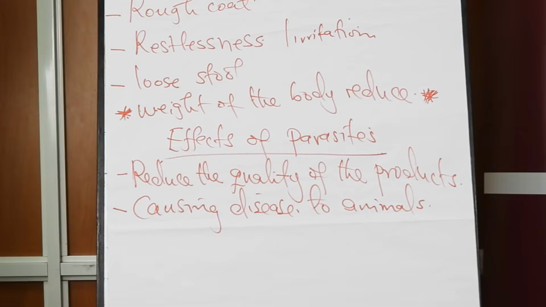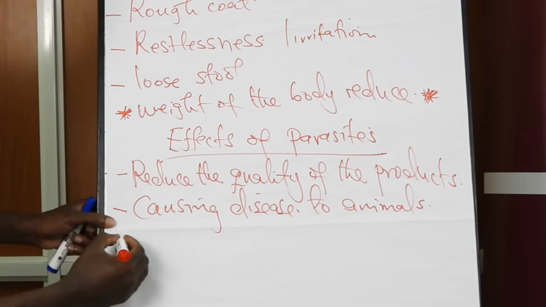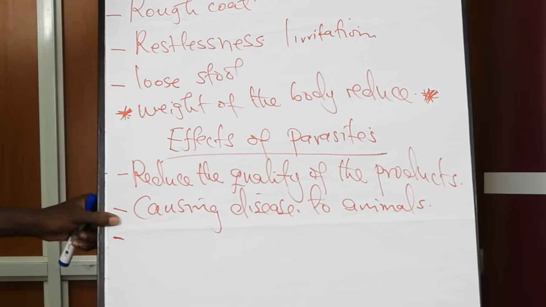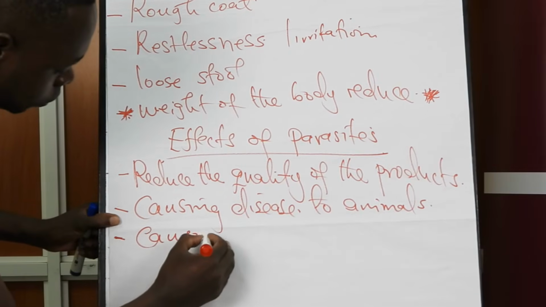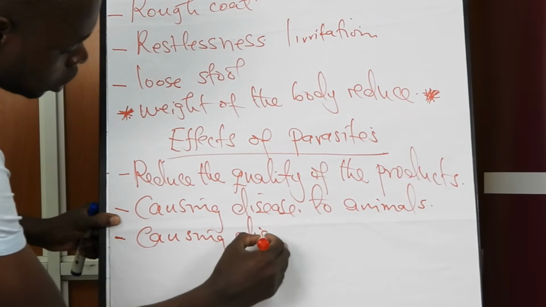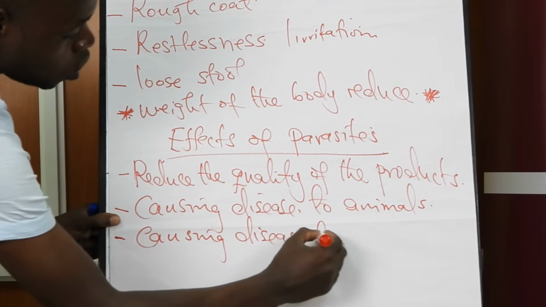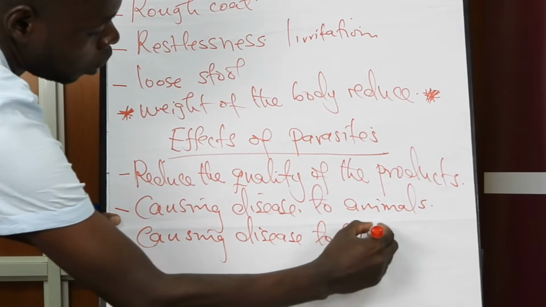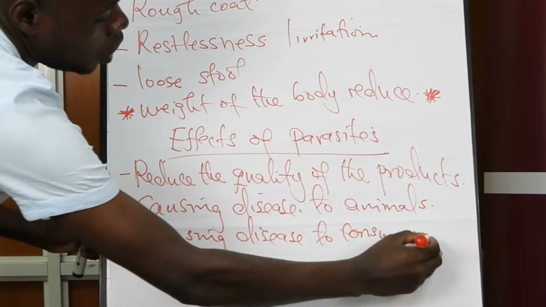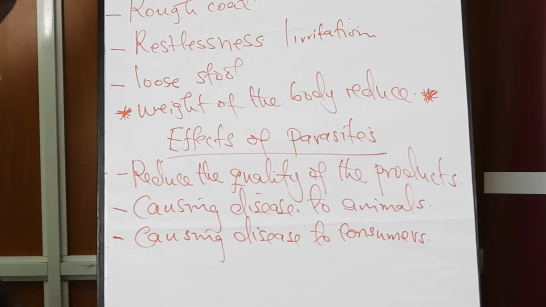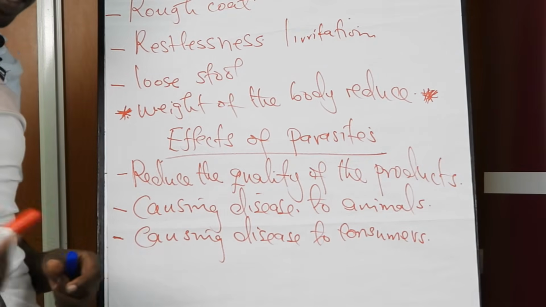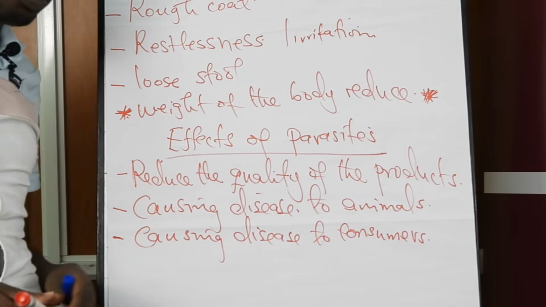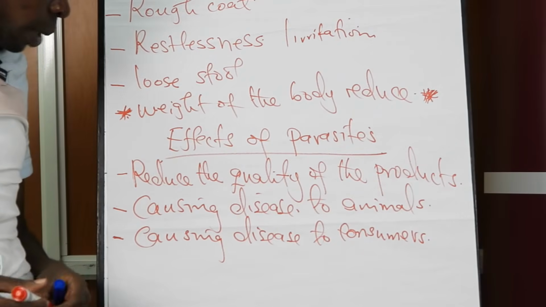And not only animals, it also causes disease to consumers. For example, you take the meat of an animal that has been attacked by a tick, and that tick maybe has caused some disease to that animal. You will also be affected as a consumer.